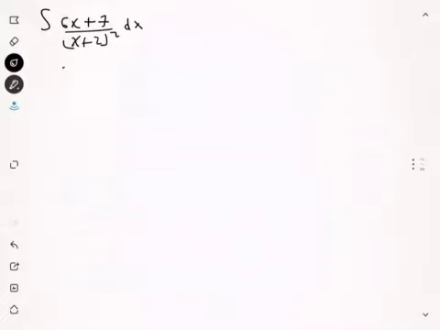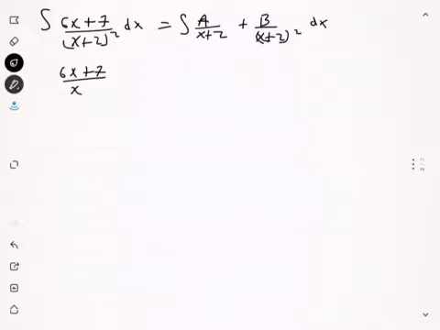So this will be equal to the integral of a divided by x plus 2 plus b divided by x plus 2 squared, because x plus 2 is repeated, like that. And we need to find a and b.